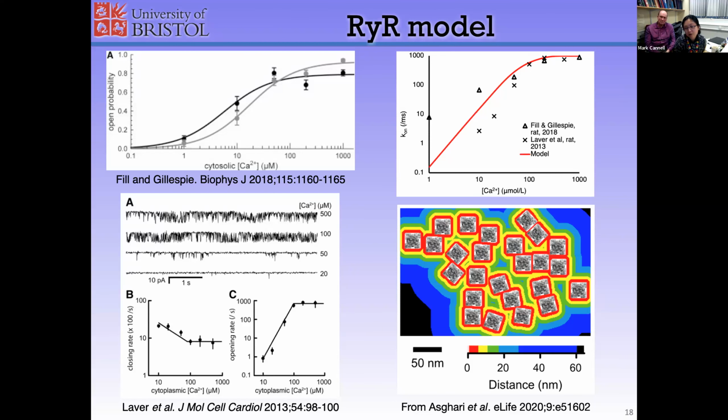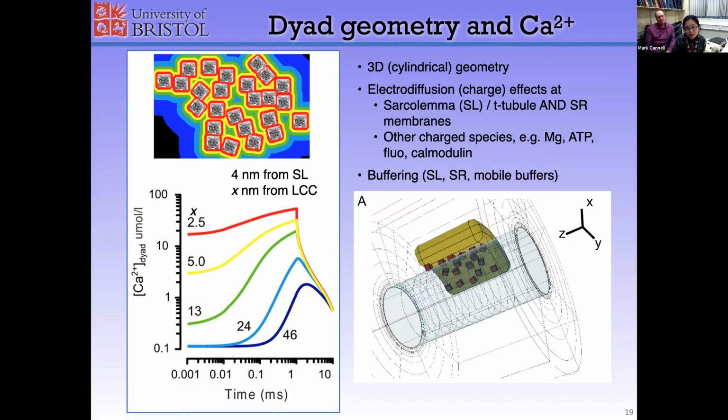To calculate how calcium develops in the dyad, we set up a model that incorporates electrodiffusion and buffering effects. So we calculated what happens to calcium when it's affected by sarcolemmal and SR membranes, as well as when other charged species apart from calcium are also affected by charge and diffusion effects.